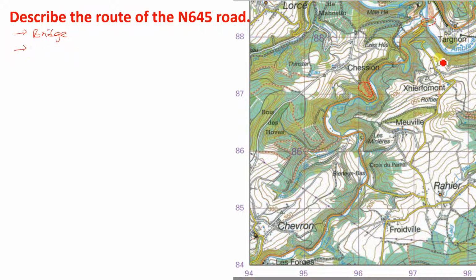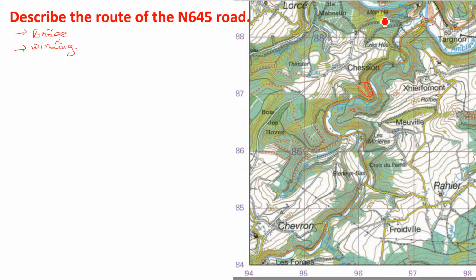Okay. Another thing is, as it's coming, it's not straight. So it is windy. I'm describing the route. Now, if you look at it, it is following the valley. So it's avoiding what? These are steep slopes. It's following the valley. It's avoiding steep slope.